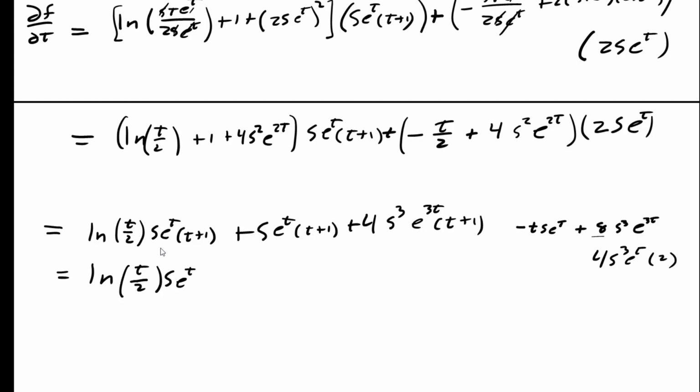And then I can also factor out some stuff here, and I'll do the same trick here. So I have s minus t. Okay, so that's actually going to cancel this out. S e to the t, and then plus 4 s cubed e to the 3t and t plus 3.